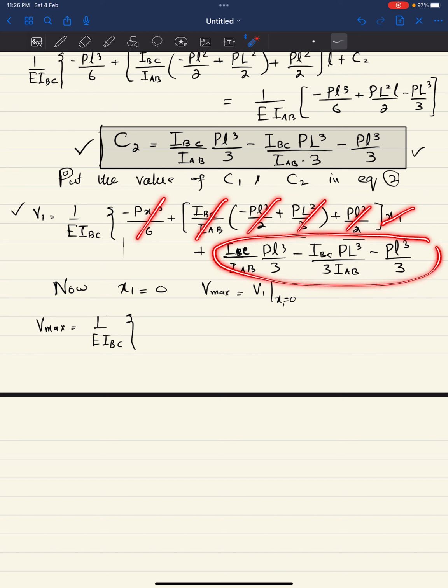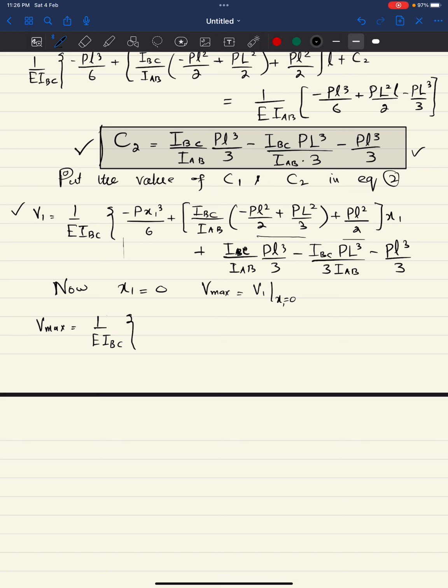So we are left with this one, and the remaining term is IBC over IAB into PL cube over 3 minus IBC into PL cube over 3 IAB minus PL cube over 3.